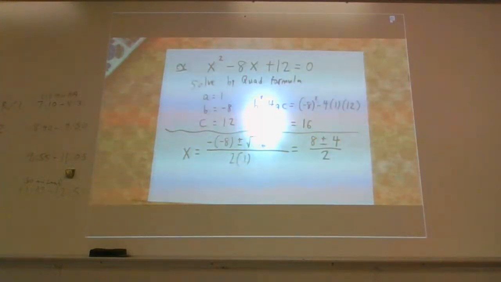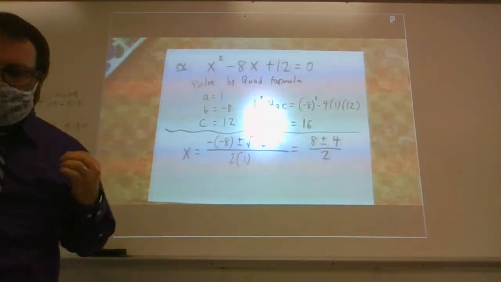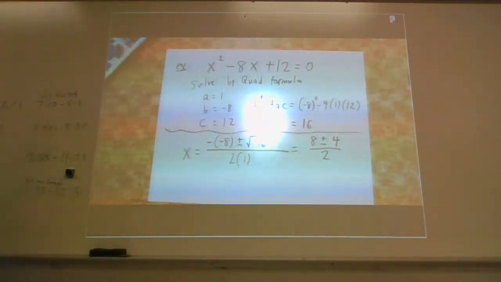Now, I'm not done yet. I am not done yet. But I just want to emphasize how easy this problem can be if you break it down piece by piece. Simplify the negative b. Simplify the square root of the discriminant. Simplify the denominator of the fraction.